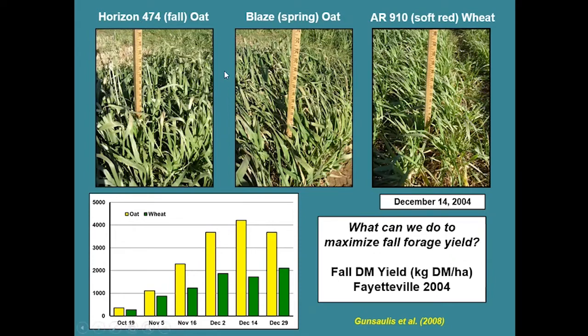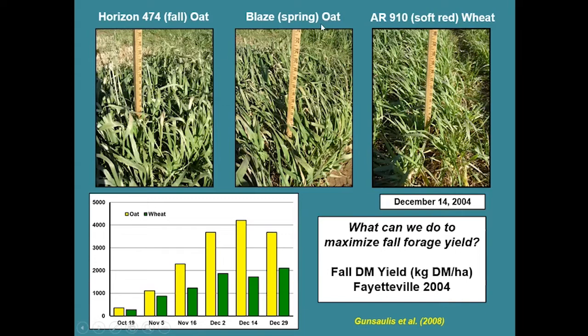Horizon fall oat. Now, oat does not have a vernalization requirement, but this was from a southern breeding program, the Florida program. Blaze oat, which is from Illinois. And then this is one of Dr. Bacon's soft red winter wheat varieties.